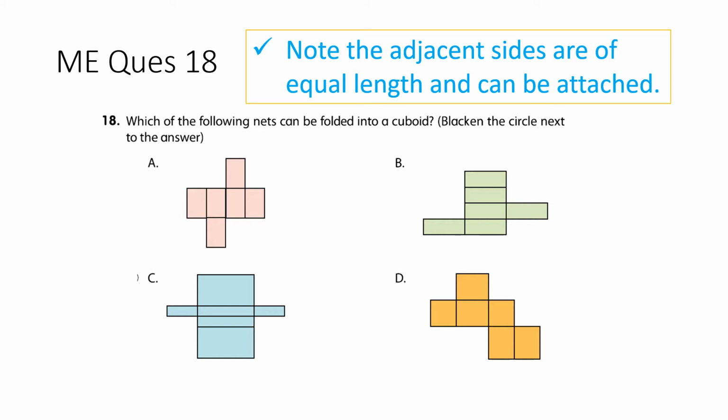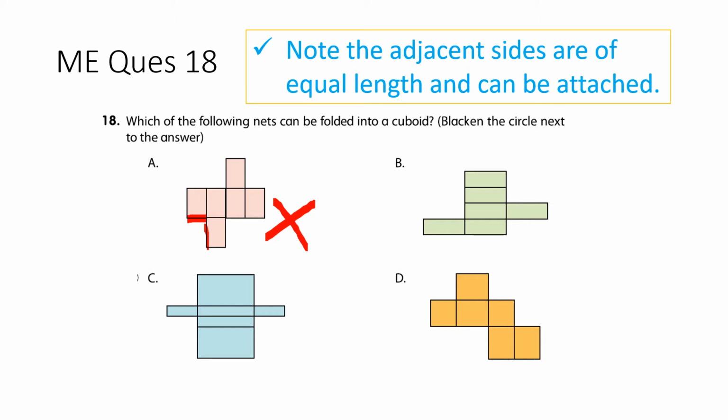So maybe we choose two adjacent sides like this one, and its adjacent side is this side. Are they equal in length? Can they be attached? No. So A cannot be folded into a cuboid.